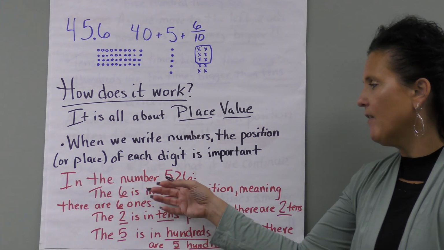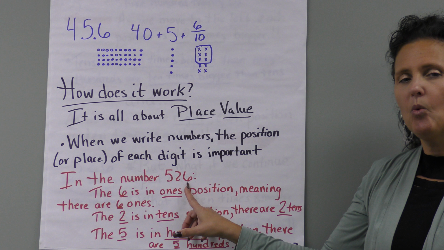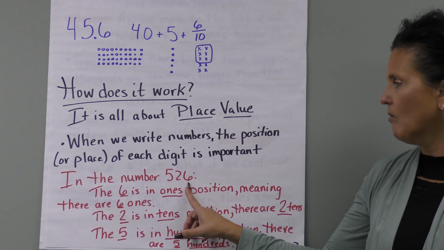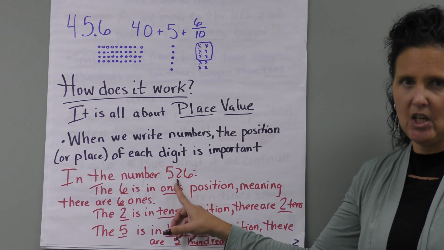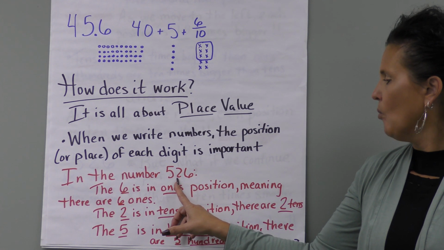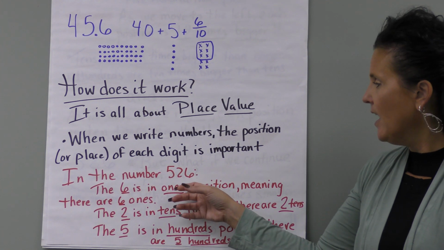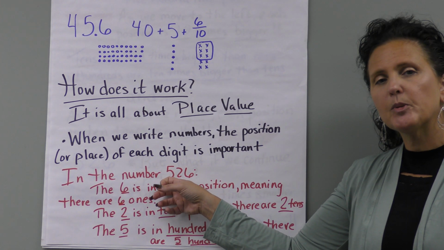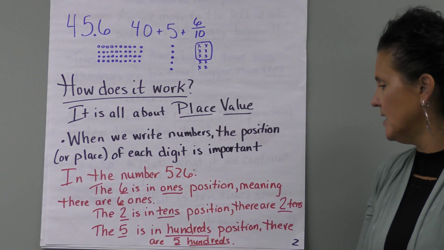So in the number 526, this 6 is in the ones position. We have 6 ones, right? If we move over, 2 is in the tens position. So here in this instance, we have 2 tens. And if you have 2 tens, that's 20. And then the 5 is in hundreds position. We have 5 hundreds in this instance.